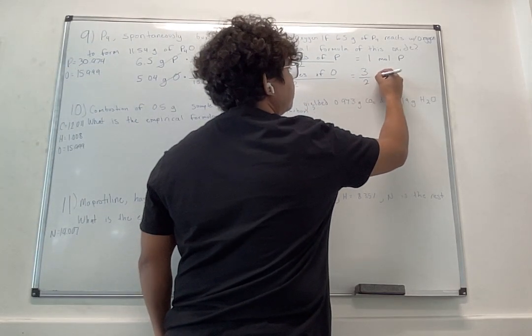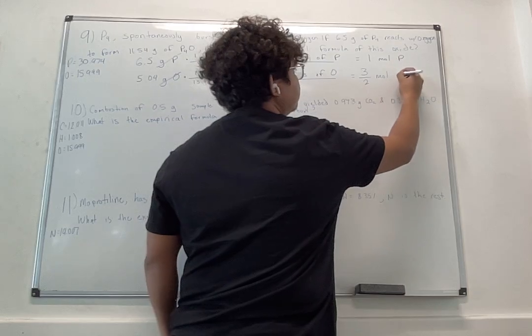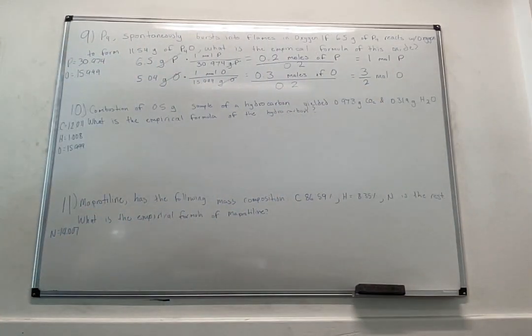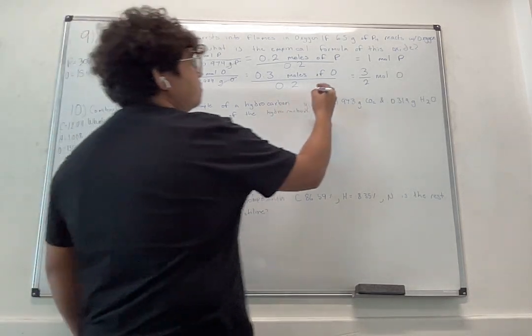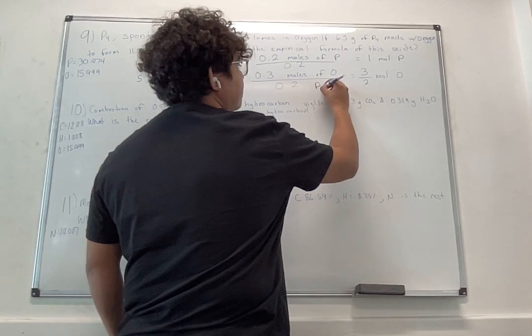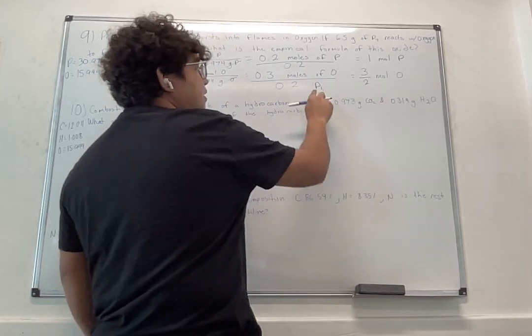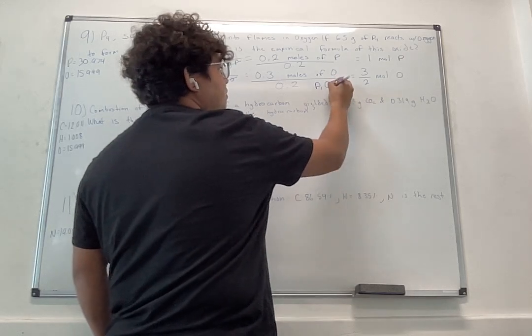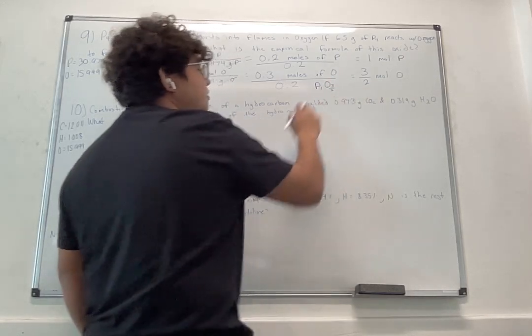3 over 2 moles of oxygen. So that means that for every mole of phosphorus, we're going to have 3 over 2 moles of oxygen, or 1.5. Same thing. Now we can have a little starting empirical formula, P1. So for every phosphorus, you've got 3 over 2 oxygen.